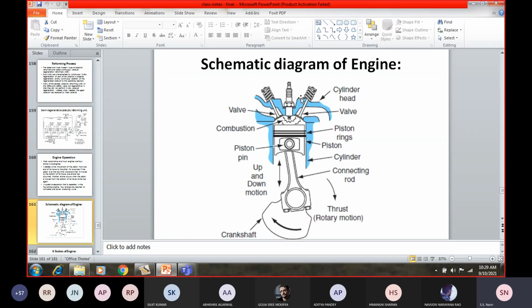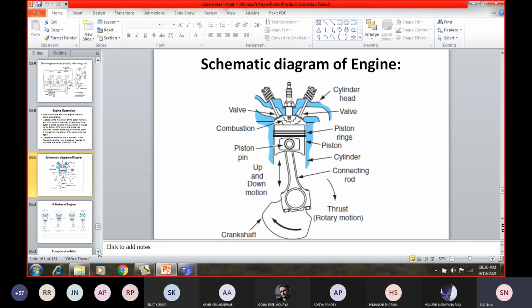Now we have MPFI or micro fuel injectors, which will spray the fuel in the form of very small droplets or nanoparticles. The smaller is the size of these nano droplets, better will be the activity.